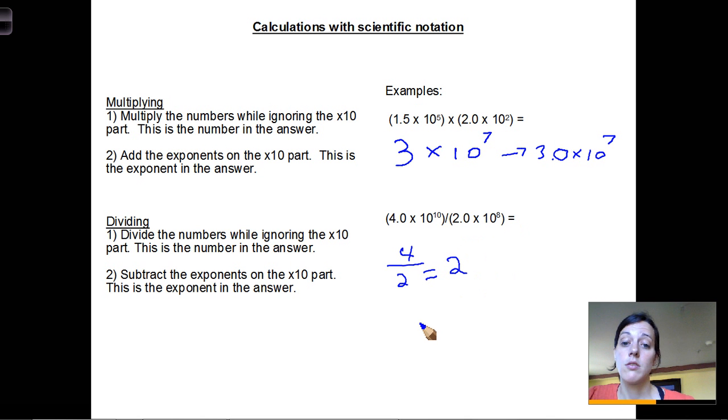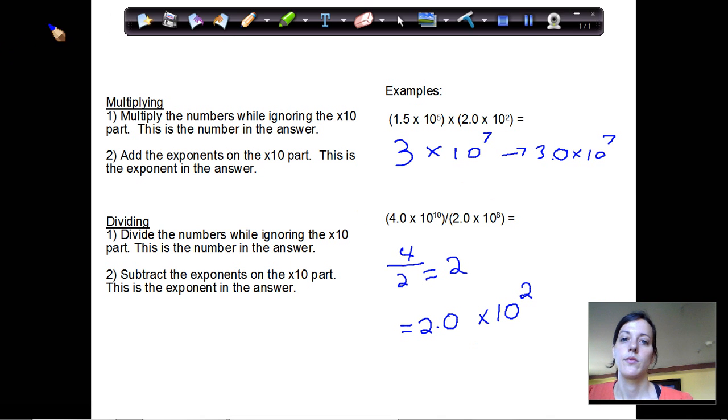So your answer is going to be 2.0 times 10 to the 2, because we subtracted the exponents when we divided. And as far as significant figures go, this number has 2 and this number has 2 significant figures. So I've already written my answer in a form with 2 significant figures. So the answer would be 2.0 times 10 to the 2. And that's multiplying and dividing with significant figures.